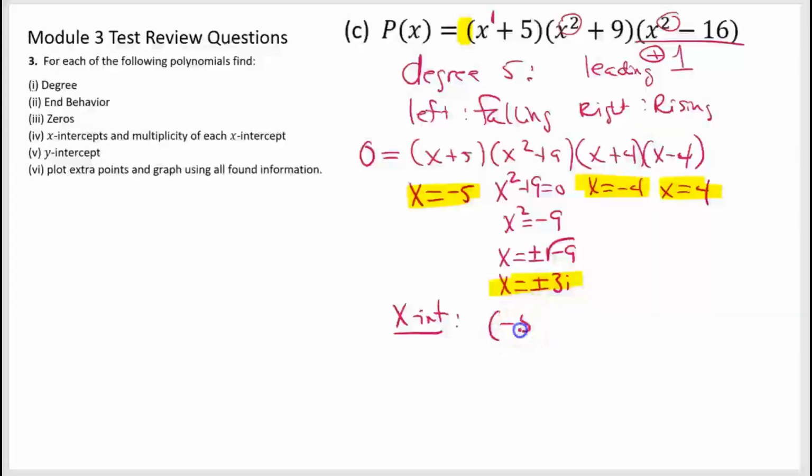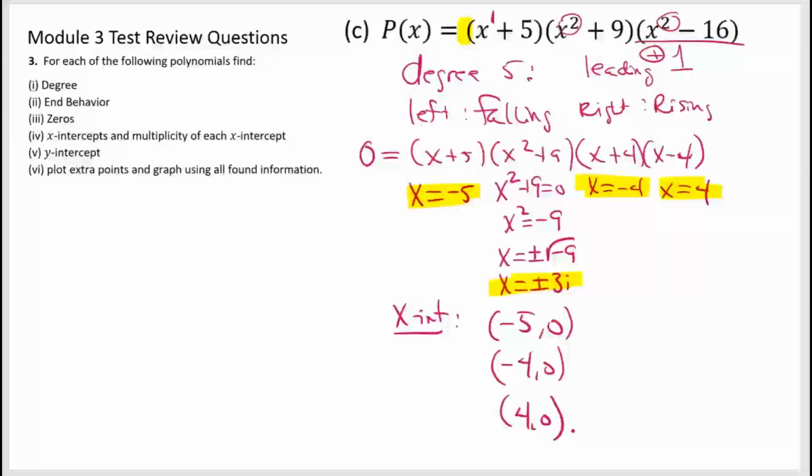So negative 5, 0 is an x-intercept. These aren't. Negative 4, 0 is an x-intercept, and positive 4, 0 is an x-intercept. Notice there's no multiplicity on here. None of these showed up more than one time. I probably should pick another problem that has multiplicity, but we addressed that in reverse when we did our matching.